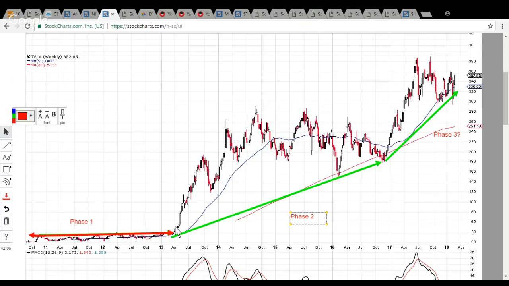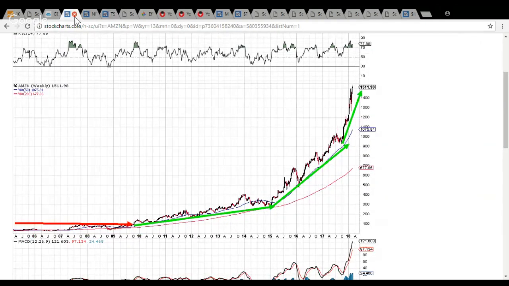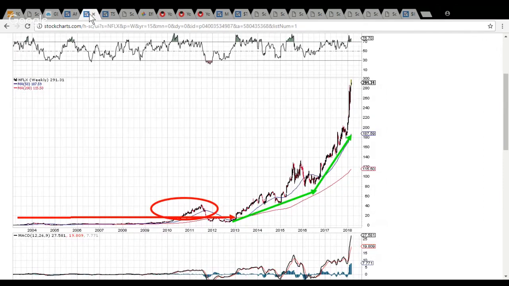Because as was the case in Amazon, and as was the case in Netflix, some funny things happened. I don't like the fact that on Netflix, we really only have one touch point in the phase 2.